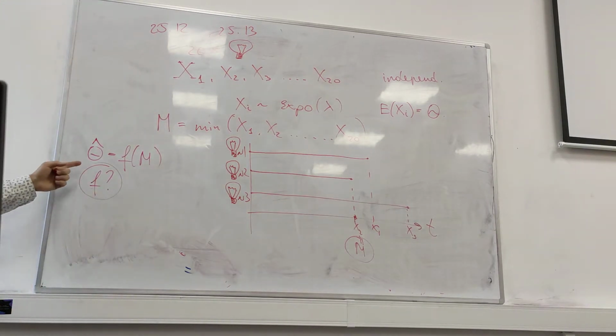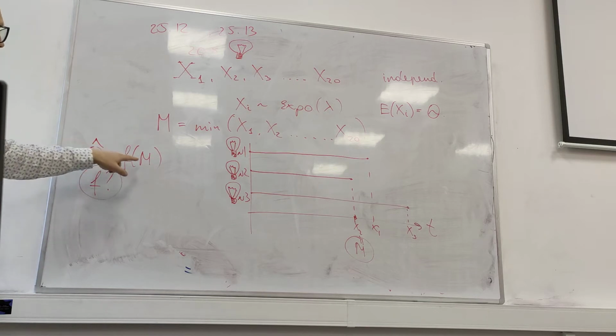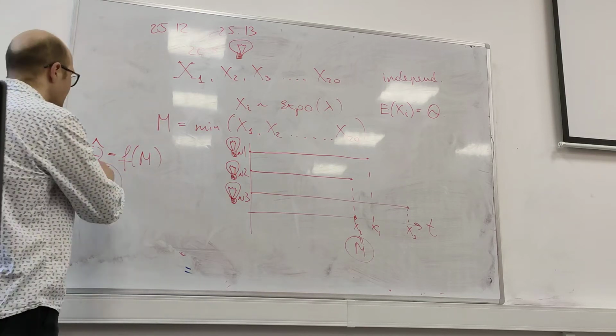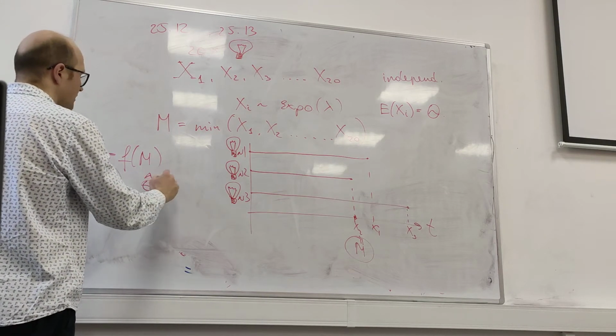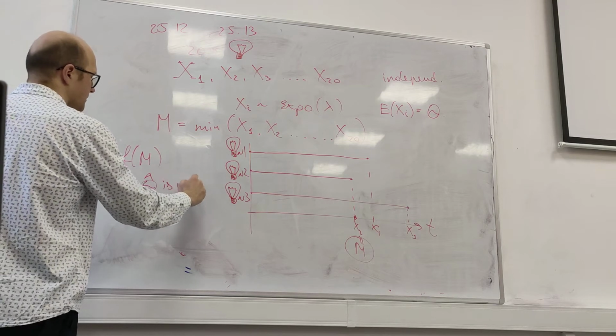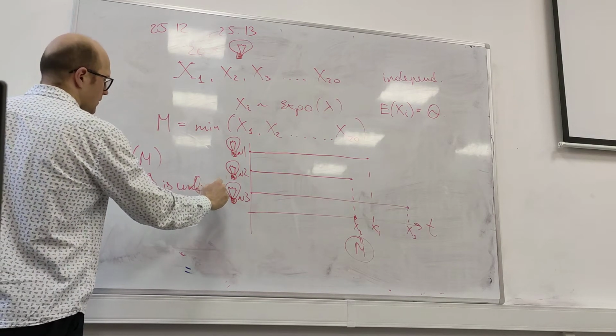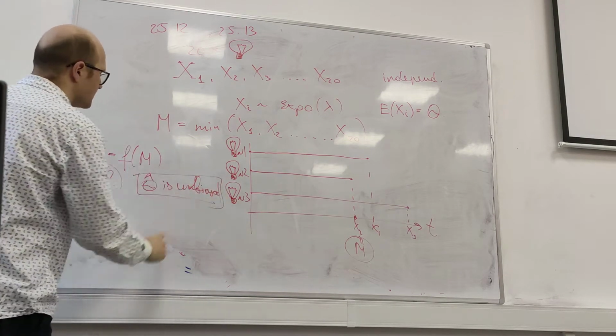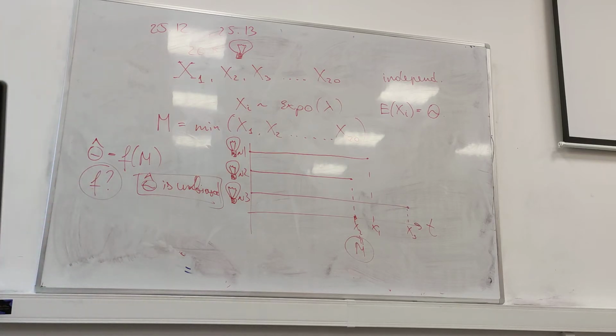The question is how to build an estimator of theta using m, and the only requirement is that the estimator is unbiased. This is our requirement.